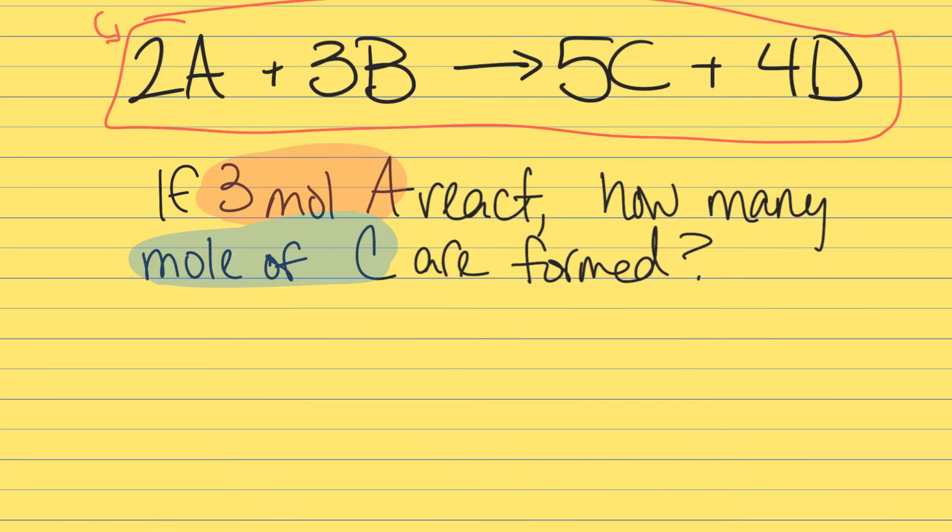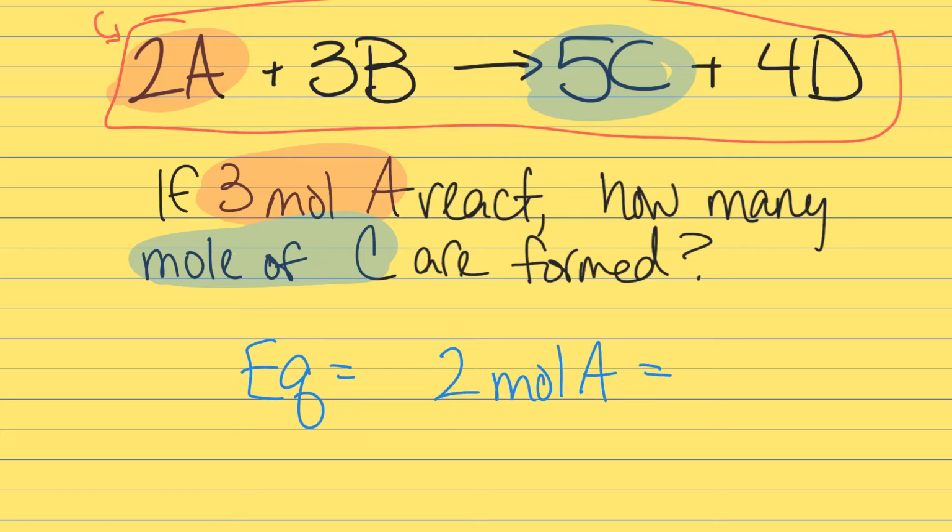You're looking specifically at moles of A and moles of C and the relationship they have with one another. In this case, the equivalence statement is that for every 2 moles of A, you produce 5 moles of C.